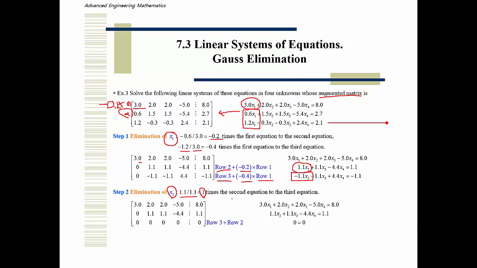So we add 1 times the second equation to the third equation. This makes everything here 0. The coefficients are 0 and the right hand side is 0. Is equal to this equation.